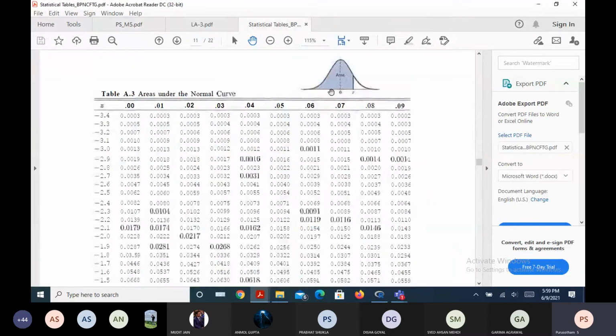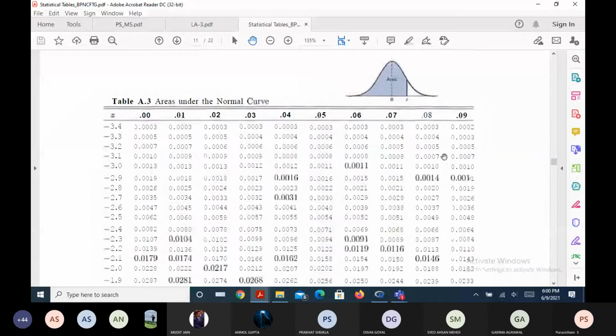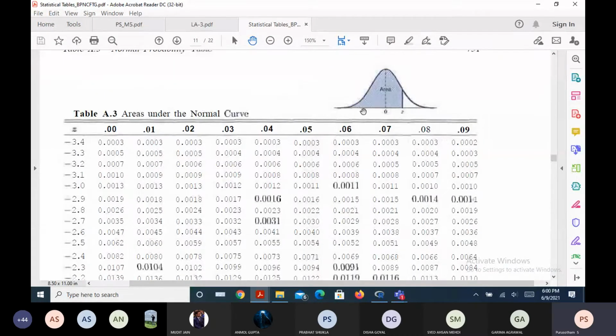How much will be on the left of mu? 5 by 2. This is mu, the vertical line. So when you divide 5 by 2, you get 2.5%, right?